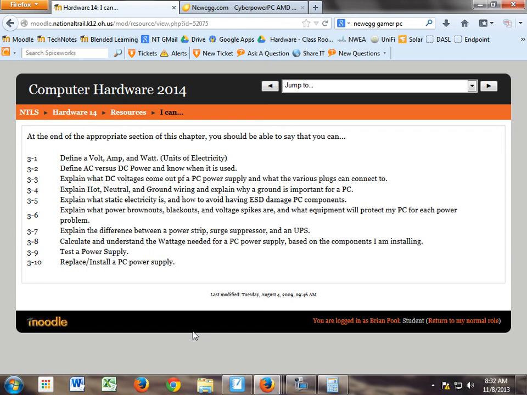Okay? A surge suppressor does that, but it also has an electrical component in here that stops surges. It has what's called clamping voltage.